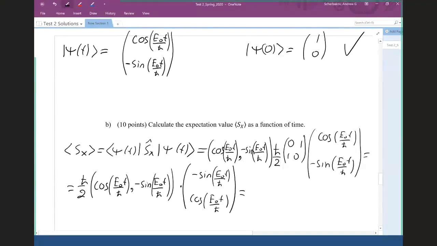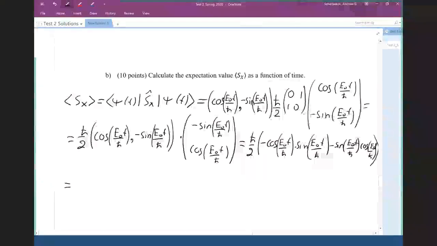Now we multiply this ket by the bra, we get h bar over 2, and here it's negative cosine E naught t over h bar times sine E naught t over h bar, and then minus another thing, right? Same thing again, right? Sine times cosine.